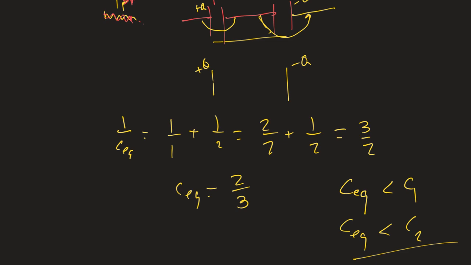So this is the equivalent capacitance of an arrangement that is done with two capacitors that are arranged in series.